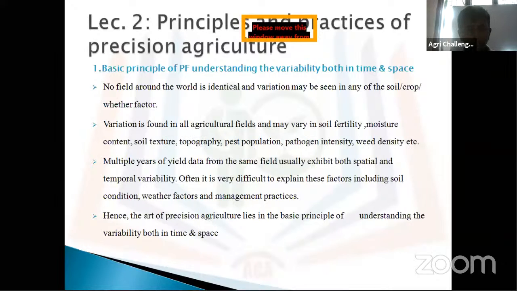That particular field may vary in soil fertility levels from one corner to another, after every 3 meters, after every 4 meters. Soil fertility levels may vary due to pH variation, calcium carbonate content, or sodicity. Then moisture content, the moisture holding capacity and available moisture, also vary within the field.